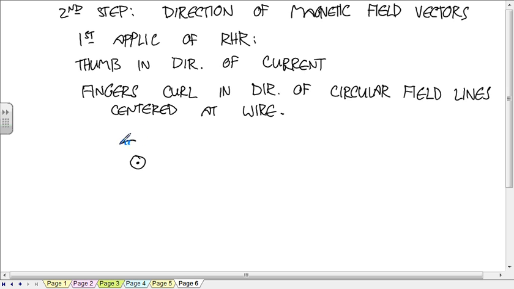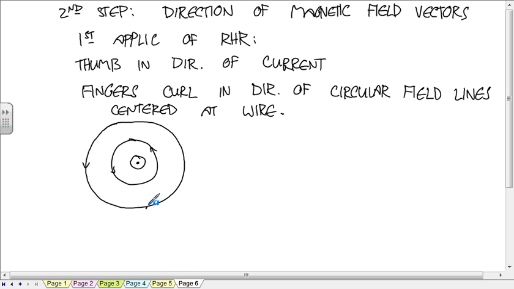So they're all going to be going counterclockwise in this case. Okay, any questions about that? So your thumb is coming out and your fingers are showing you that it's a counterclockwise rotation, circular around the wire.